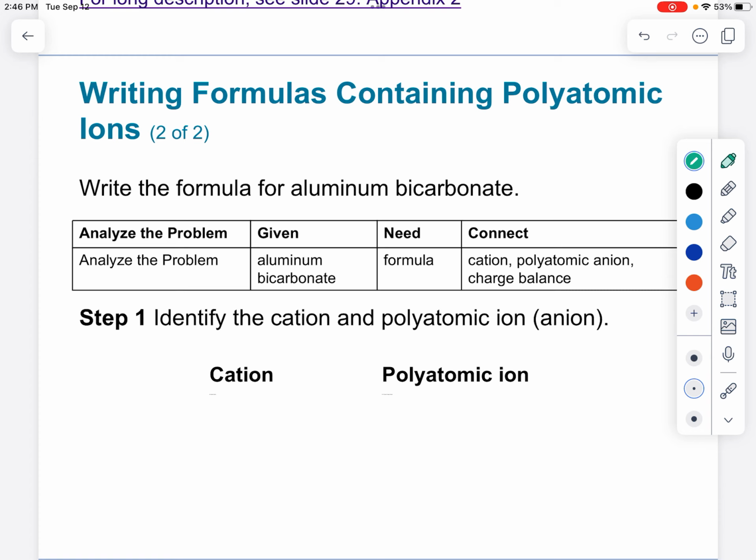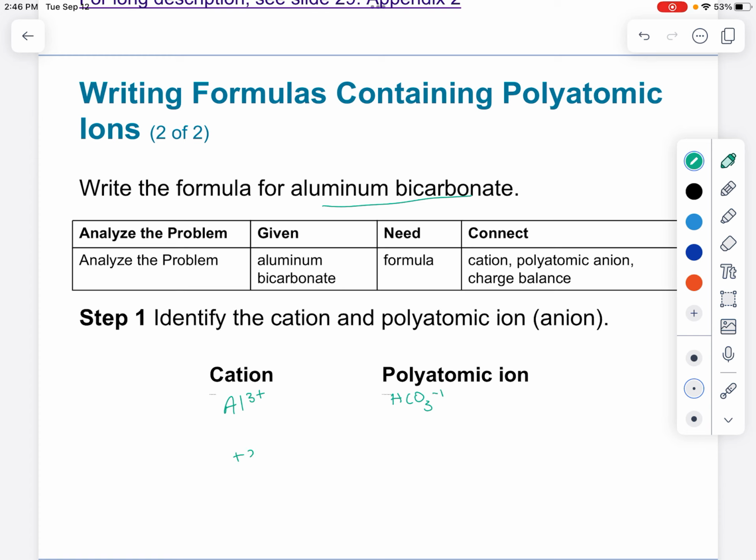Okay, so write the formula for aluminum bicarbonate. Let's break it apart and look at the ions. Aluminum is 3 plus because it's in group 3A, and bicarbonate is HCO3 minus 1.